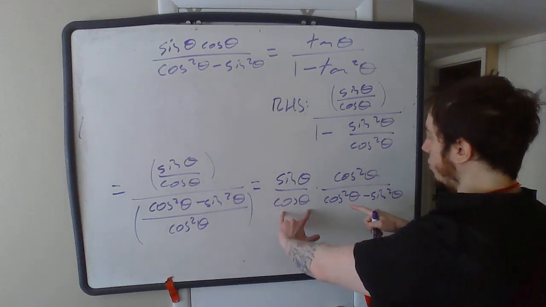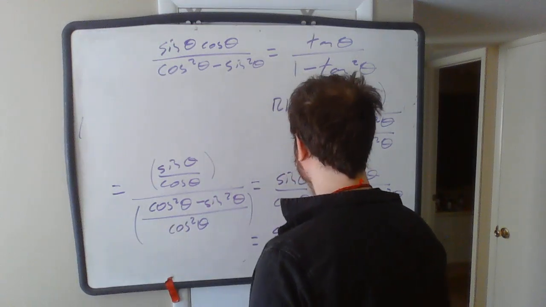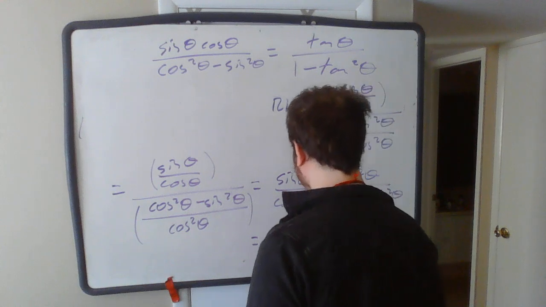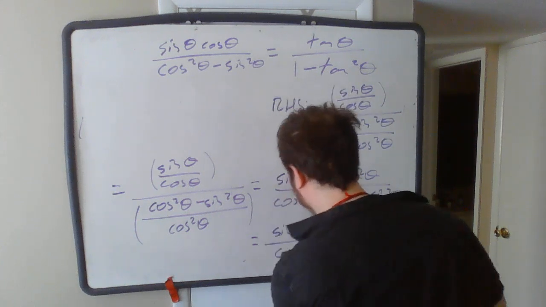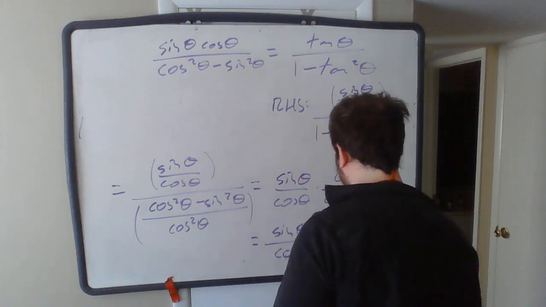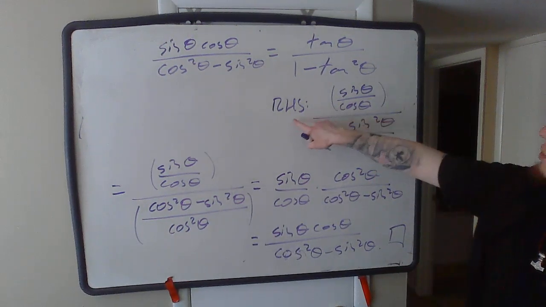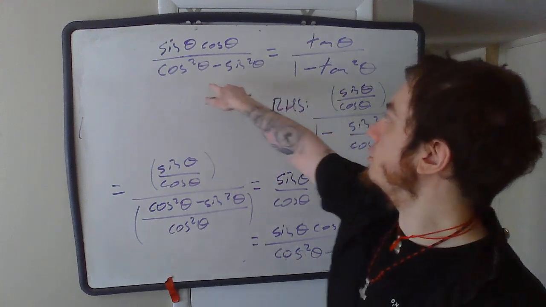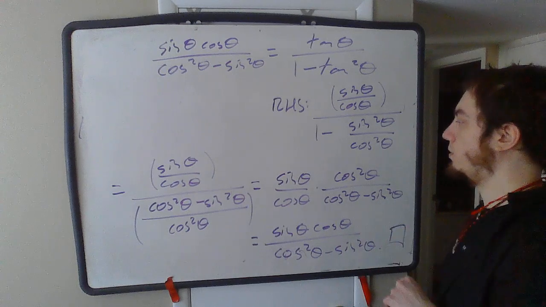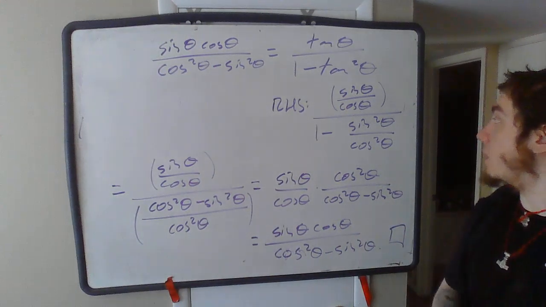One of these cosines cancels with one of these cosines, and we end up with sine theta cosine theta divided by (cosine squared theta minus sine squared theta). So we started with the right-hand side, and we eventually simplified things down to the left-hand side. So we are done.